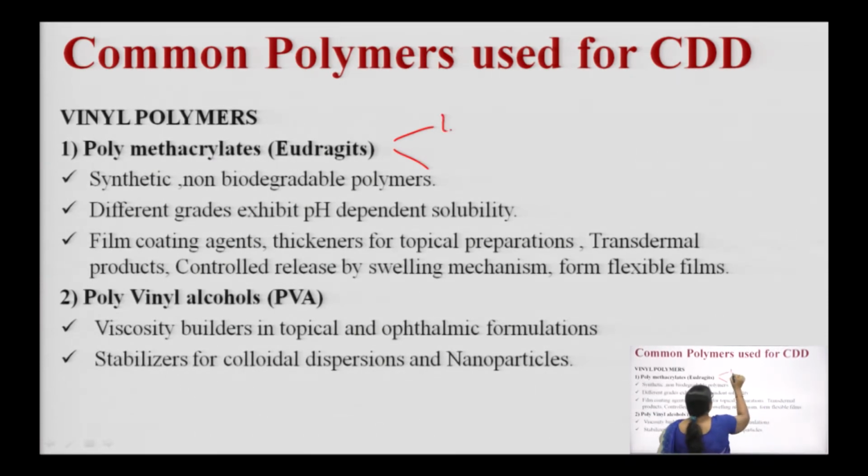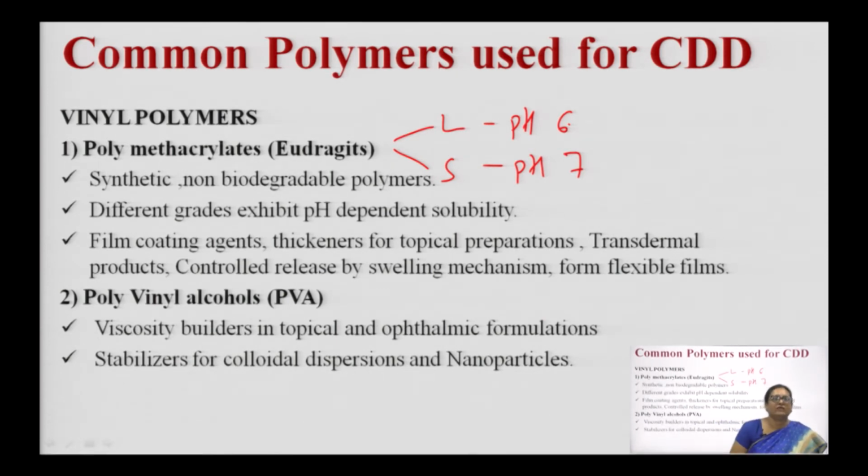I will take up grades L and S. These are two different grades of Eudragits, and they dissolve at different pH values. Eudragit L dissolves at pH 6, S dissolves at pH 7. So, they have been used for drug delivery to specific sites or targeted drug delivery.